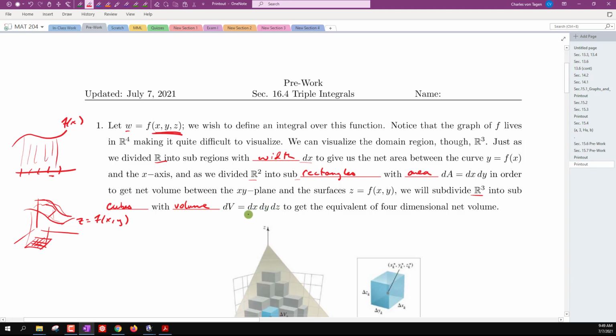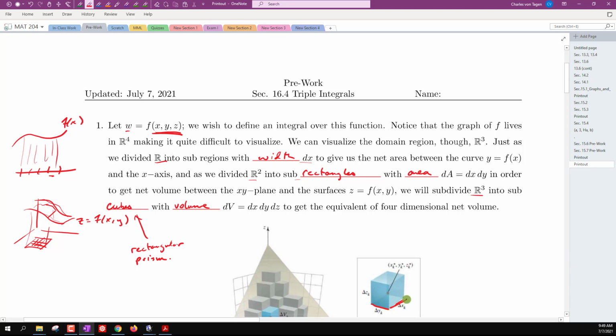Subcubes with volume dV, where dV is dx, dy, dz. Now folks, actually this doesn't have to be a cube. This could be any sort of rectangular prism. Just like we have here, we've got one width delta x, we've got another width delta y.